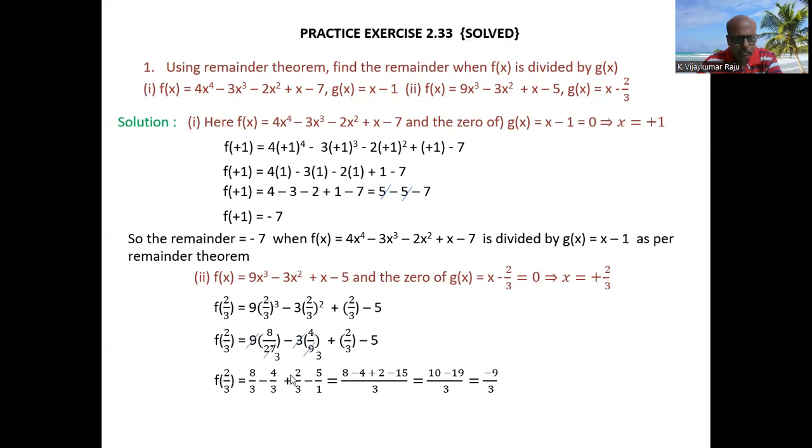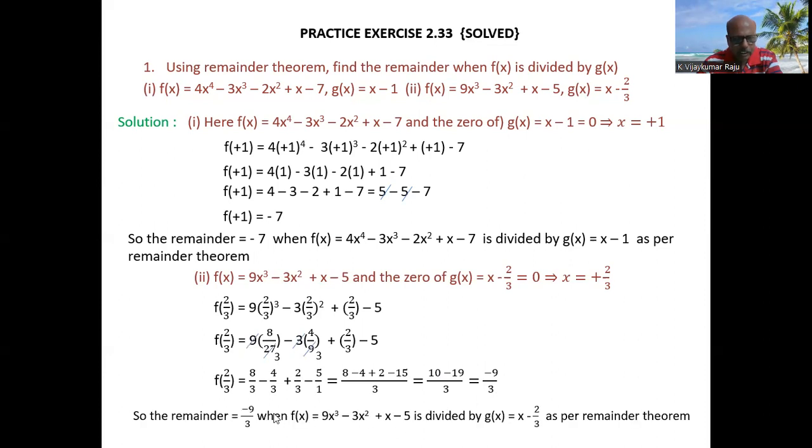So this 8 minus 4 plus 2. And this should be multiplied with 3. 3 by the 15. So 8 minus 4 plus 2 minus 15. 8 plus 2 is 10. Minus 4 minus 15 is minus 9. Minus 9 by 3. Minus 9 by 3 is the remainder. That means we can write it is minus 3. 2 is the remainder.